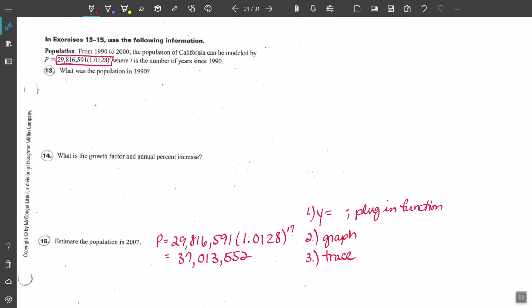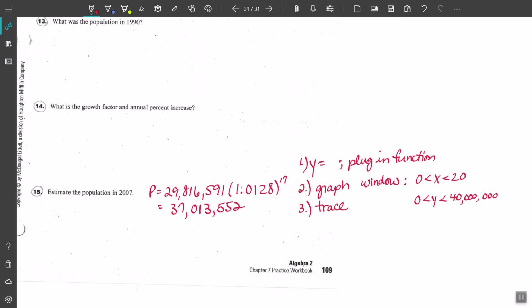So if you're not seeing your graph once you come here and graph it, then go and change your window. So try changing your window to what I have right here. This y range, taking it up to 40 million, should allow you to be able to see the answer, and it should be fairly clear.